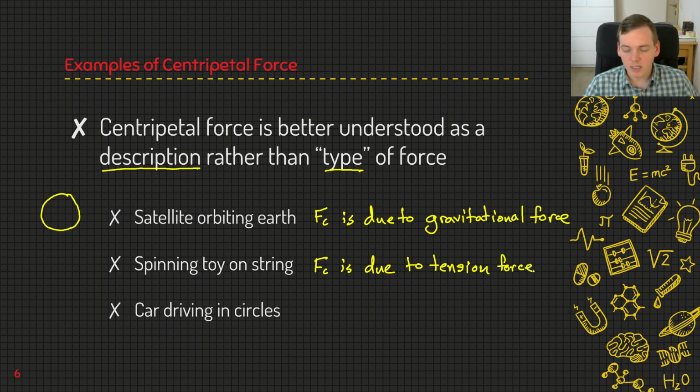Or we could also say the tension force in that example is a centripetal force. It is a force that causes circular motion. If you have a car driving in circles, like they like to do outside my apartment at 2 a.m., then we say that F_c is due to friction. Or in other words, in this case, the frictional force is a centripetal force. It's causing circular motion.